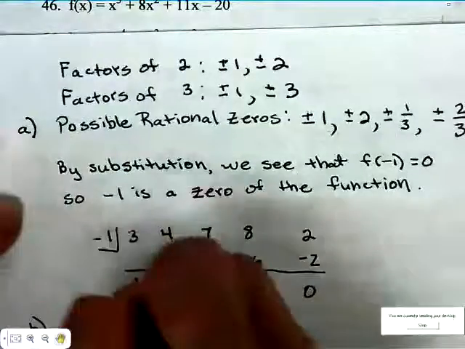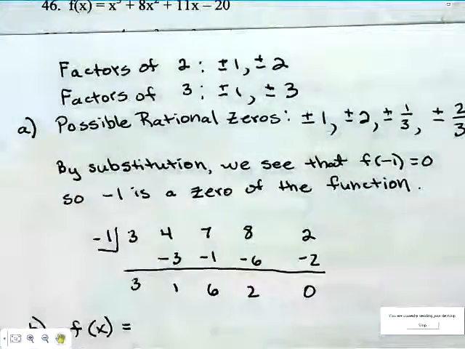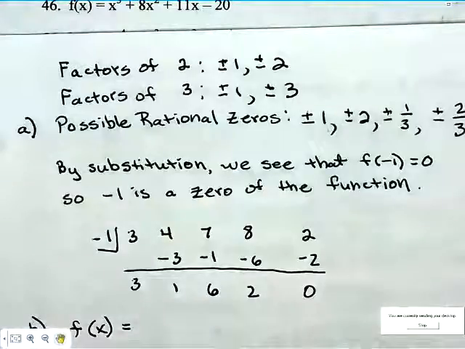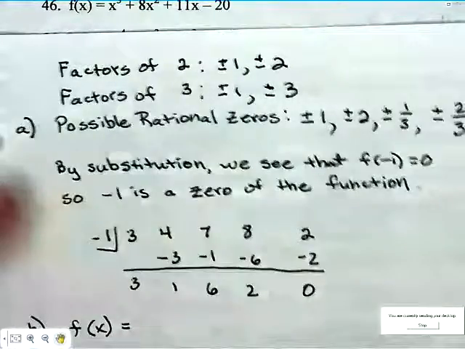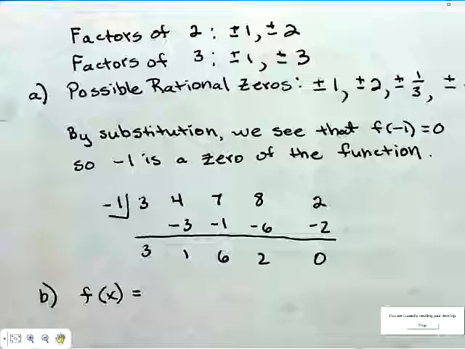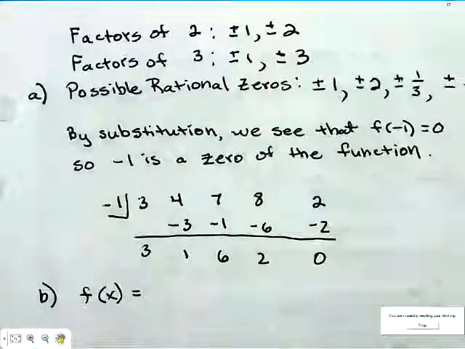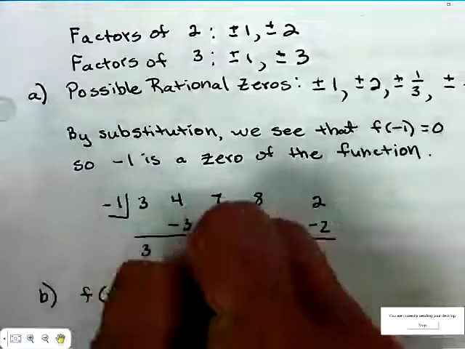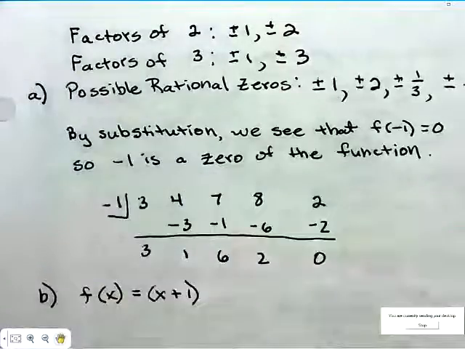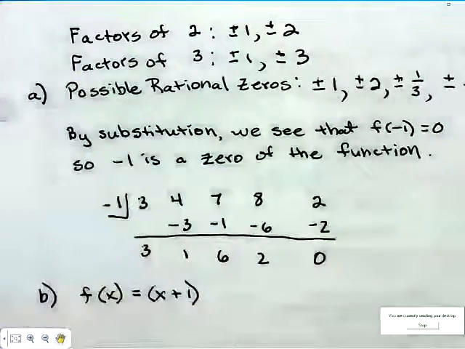If I've divided with -1 in the box, then what is one linear factor of this function? If -1 is in a box, then x plus 1 is a factor, and looking at the bottom row of synthetic division, what's another factor of this function?